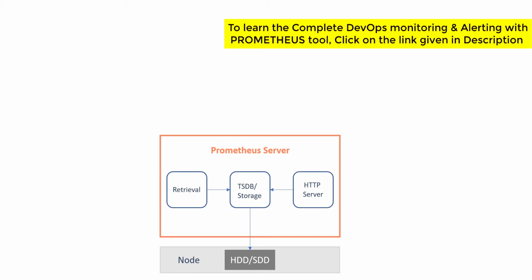Prometheus stores data locally in a custom time series database, and its storage can be a hard disk drive or an SSD, solid state drive. And after that, the stored data is made available to visualization tools like Grafana or the Prometheus Web UI through HTTP. One can query the data using PromQL, Prometheus querying language, over HTTP.